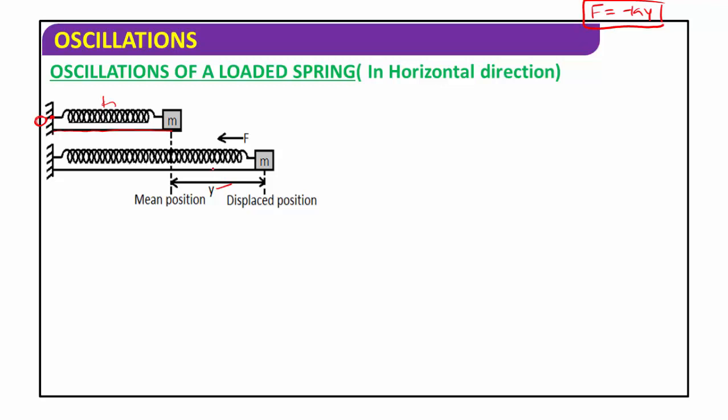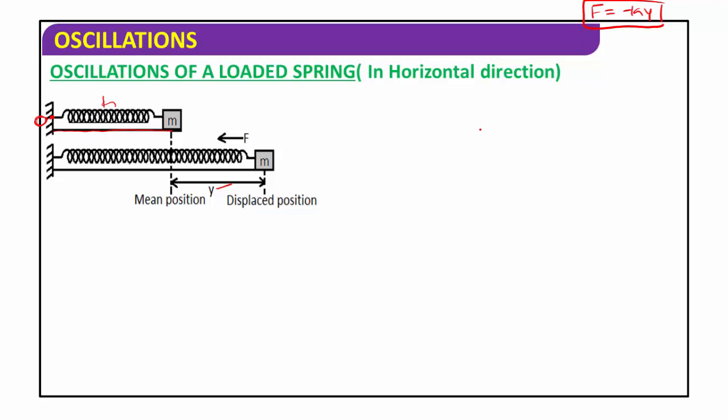The spring gets elongated, or the spring is stretched, along the direction opposite to the restoring force. When the block is released, it executes simple harmonic motion about the mean position. The spring gets elongated and the restoring force is produced in that spring.